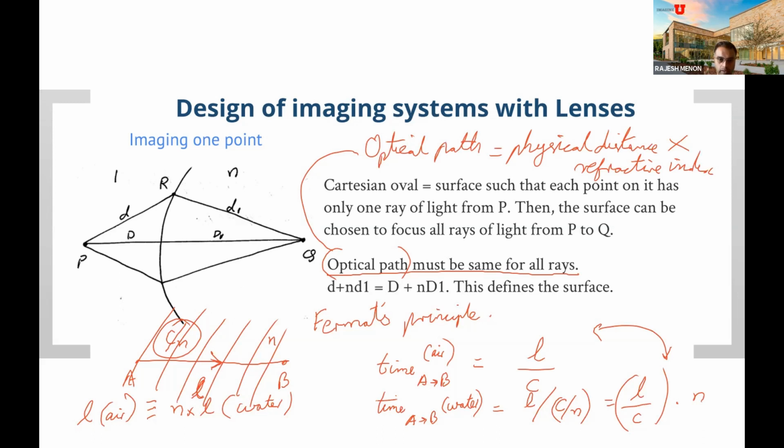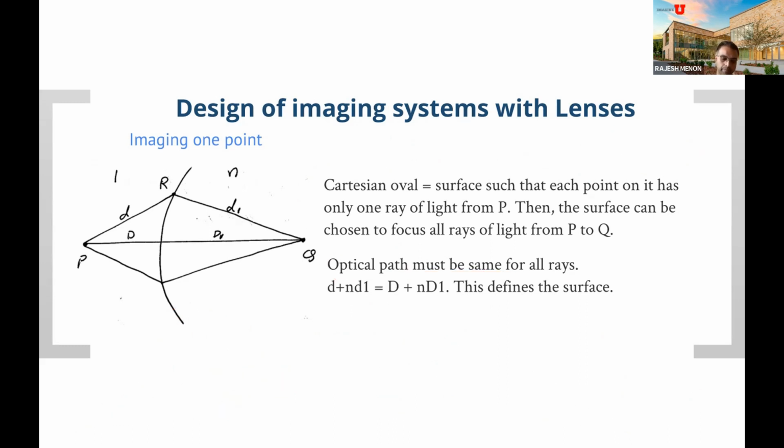Intuitively, the optical path is the equivalent path the light would have taken if that path was in air, such that the time the light takes to go from one point to another is the same. Don't get too confused by this. We'll use this many times, so it'll become very clear.